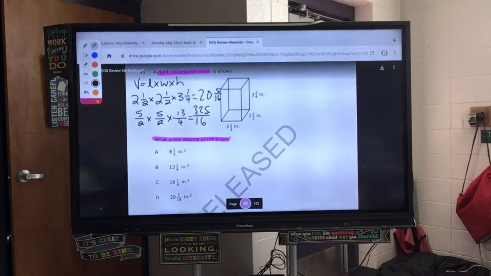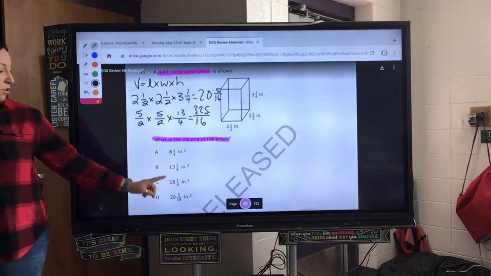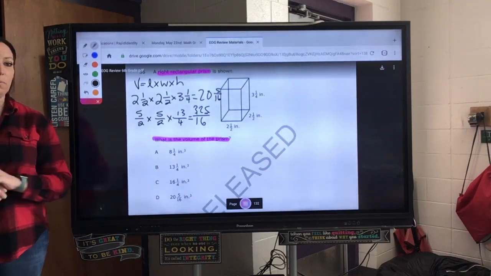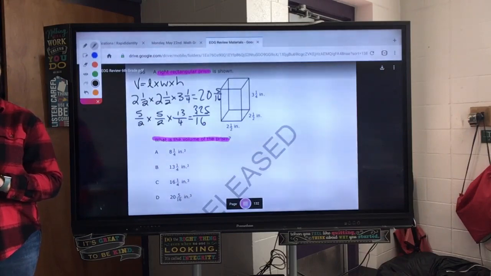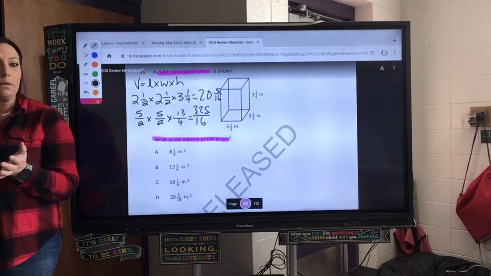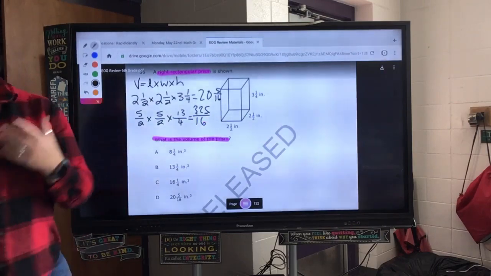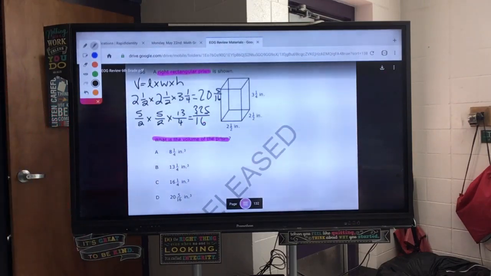And Emma, she's not allowed either. Why? I have 8, 13, 16, 20. Which one would be my right answer if I had 20.5? Why? Right, it's the only one that has 20 in it, right? Alright, so again, that's just kind of another test taking strategy.